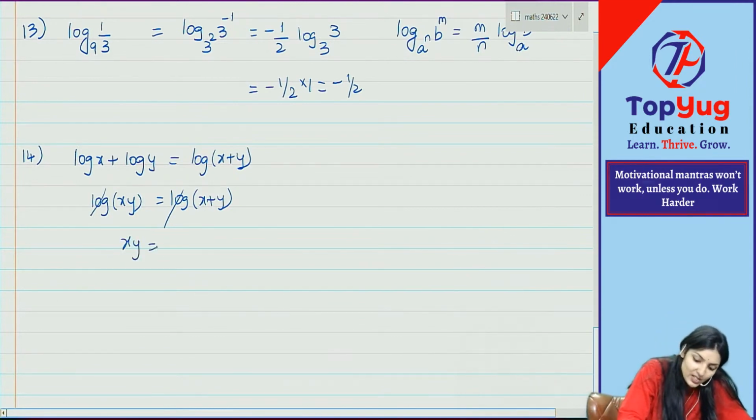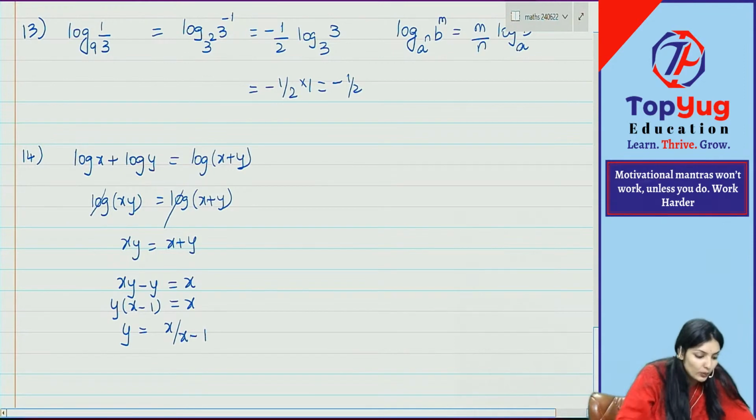Now xy is equal to x plus y. What are they asking me? In the question they have asked y. So xy minus y is equal to x. If I take y common, y into x minus 1 is equal to x. So y is equal to x divided by x minus 1. Option C. Am I clear? Right?